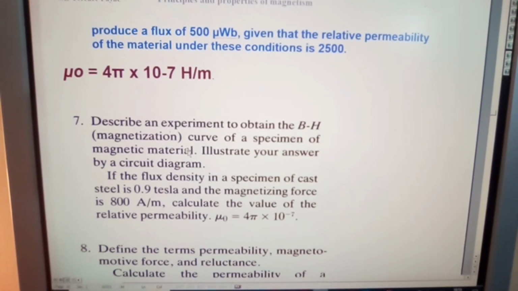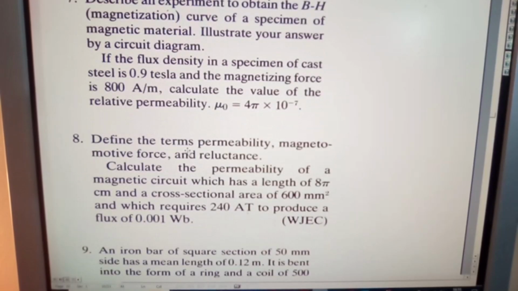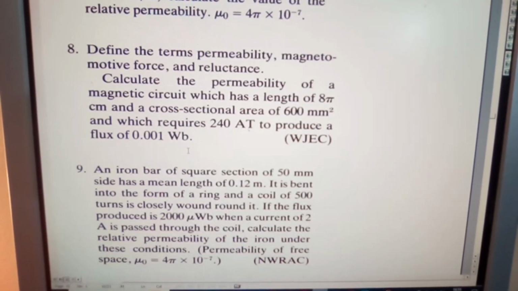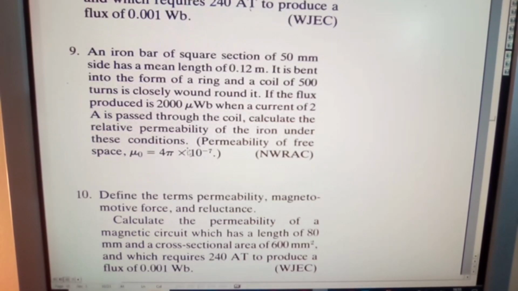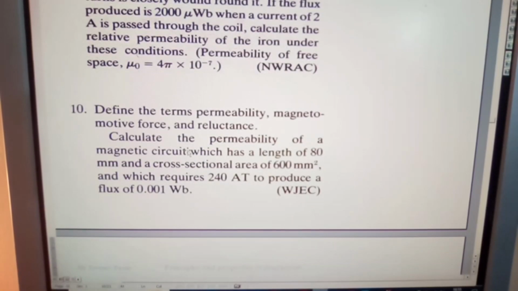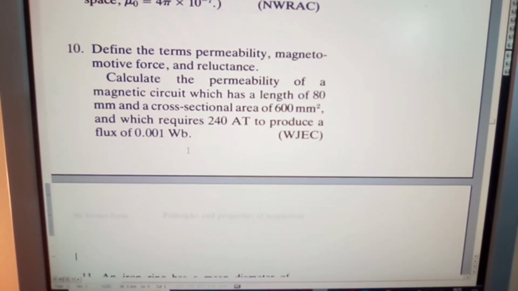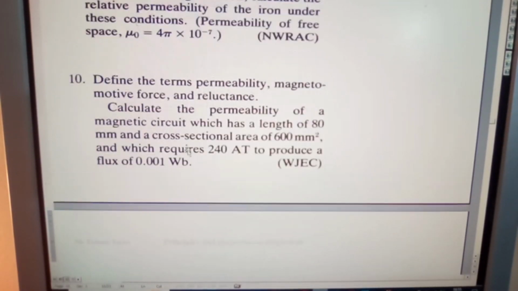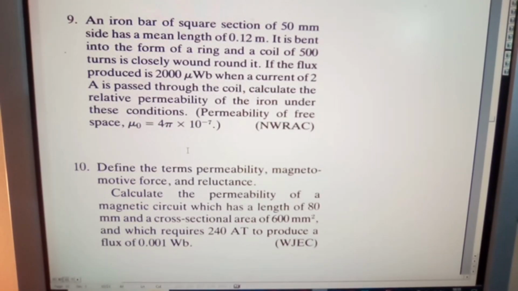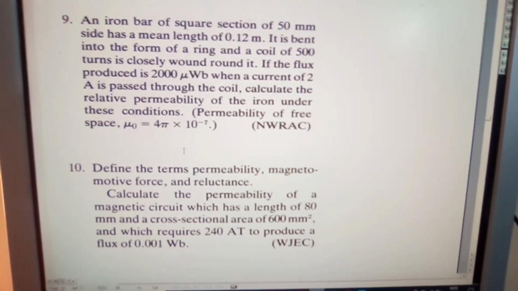And this is part 2 of principles and properties of magnetism. That's where we're going to stay.